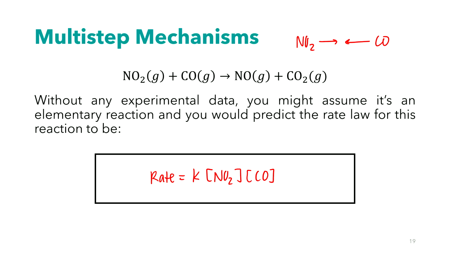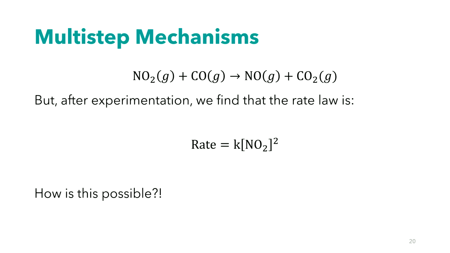All right? And then, of course, you go into the lab, and you actually run the experiment, and you don't get that rate law. You get this rate law, that the rate equals K times NO2 squared. CO is not even in the rate law. You're like, how is that possible?